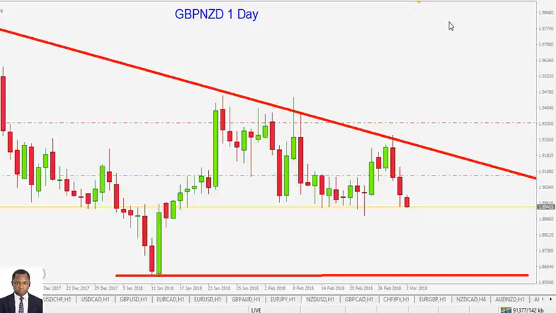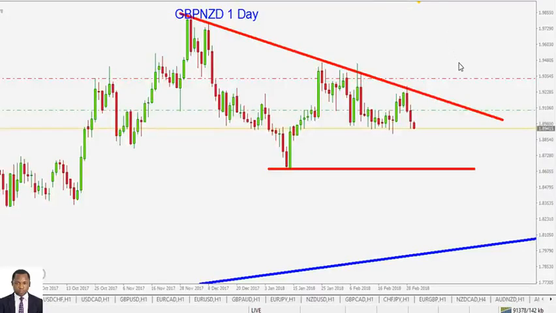I also believe that there is still more room to the downside. The next problematic zone is this counter trend line. Maybe somewhere here is where we can cash out some profits and move our stop loss to break even. I still believe there is more room to the downside.